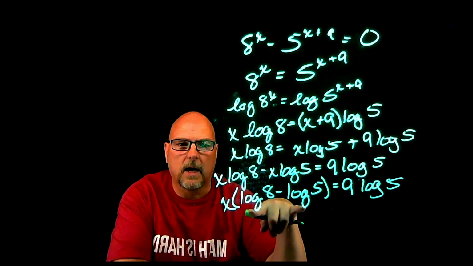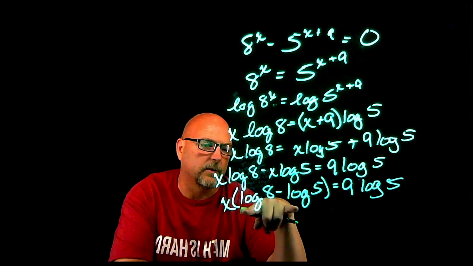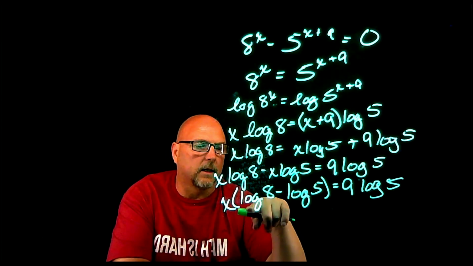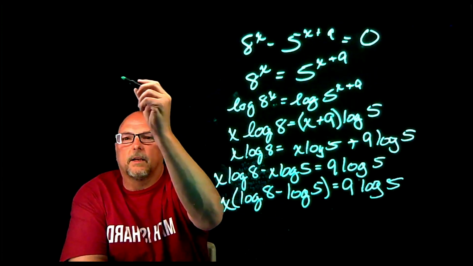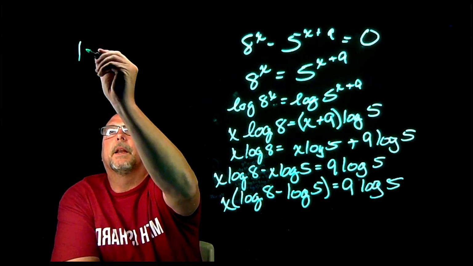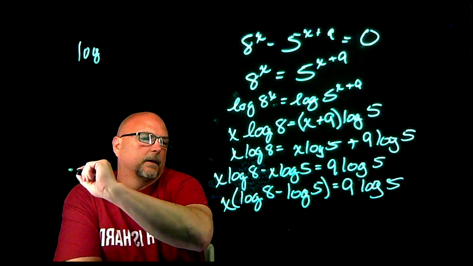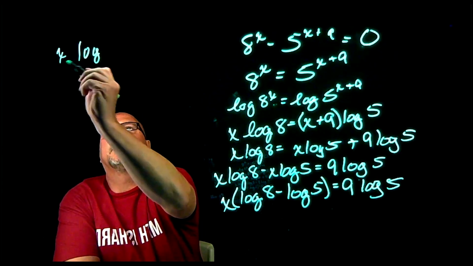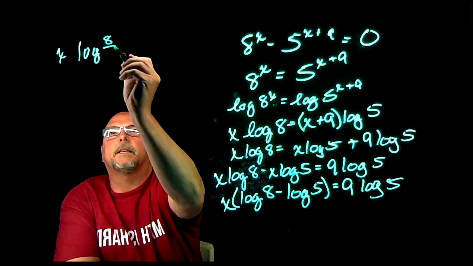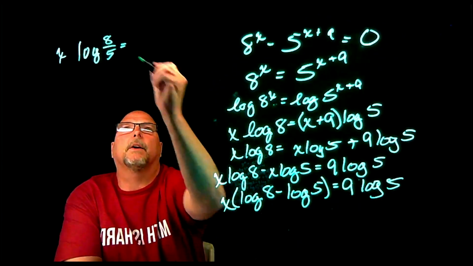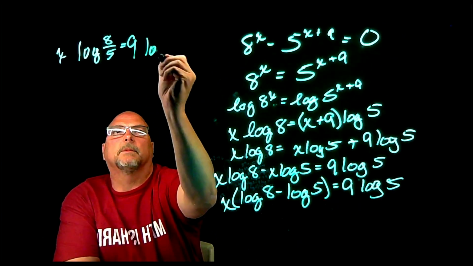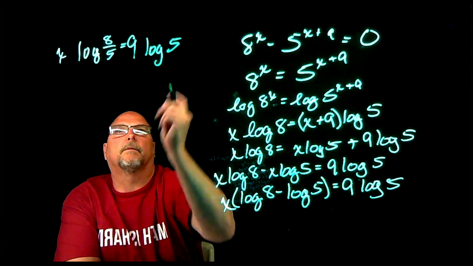So I have 2 common logs here, so I might want to simplify that as the common log of 8 divided by 5. So let's do that. It's x times the log of 8 divided by 5, and that equals what we had over here, 9 times common log of 5.